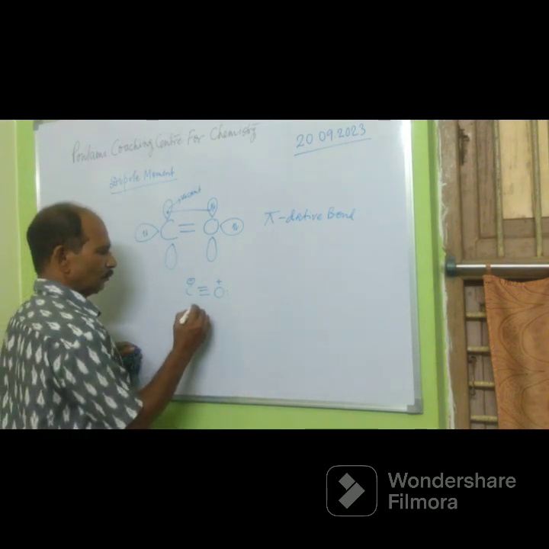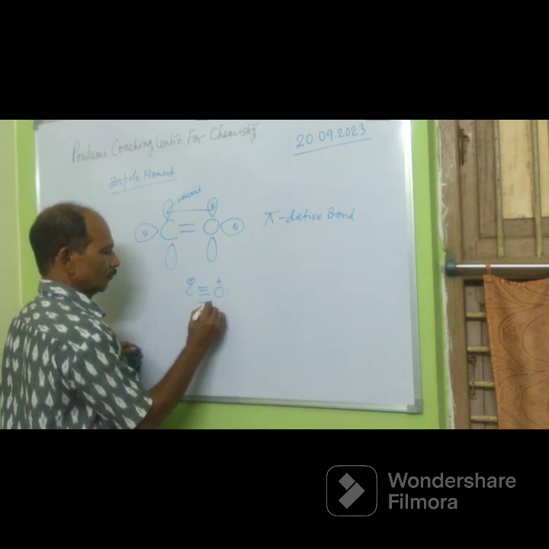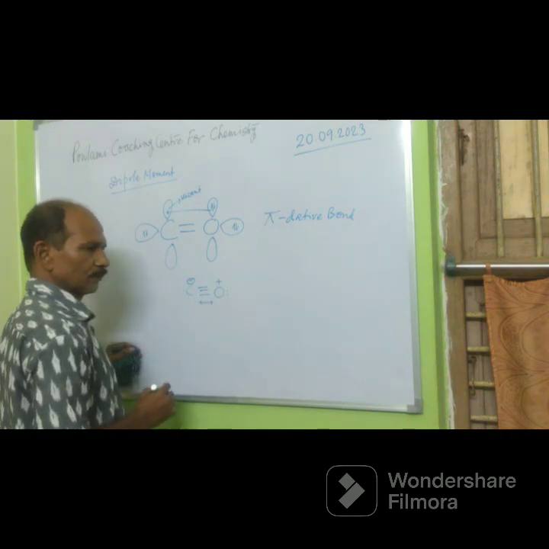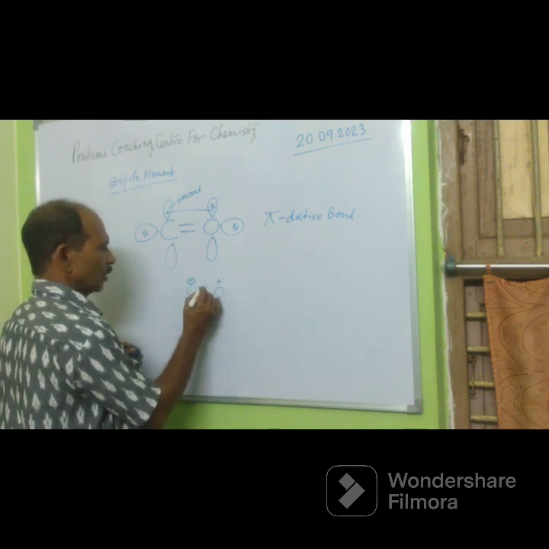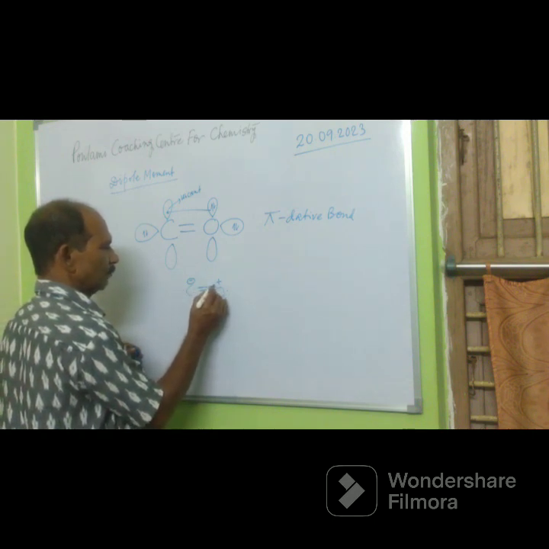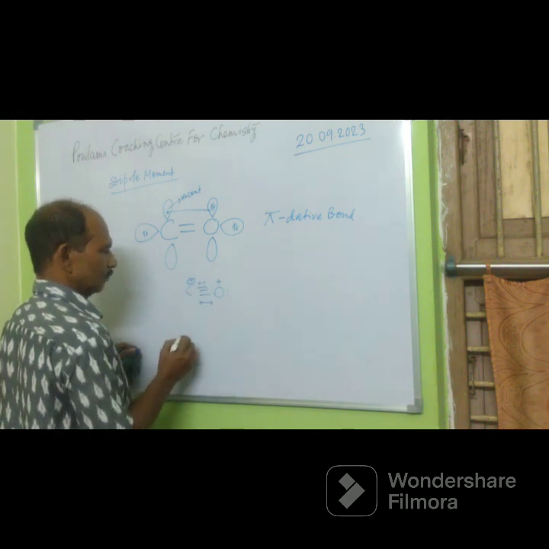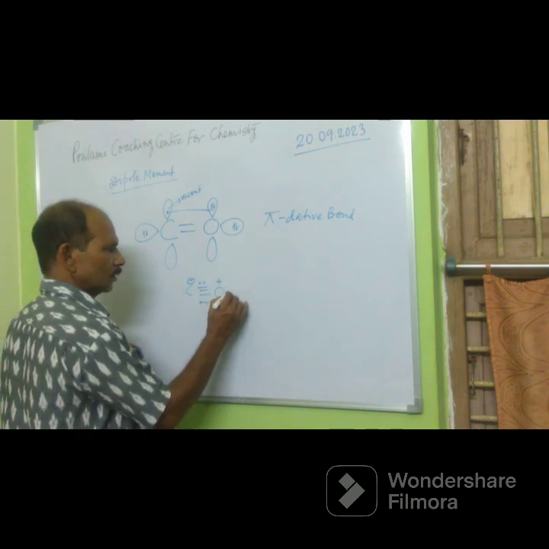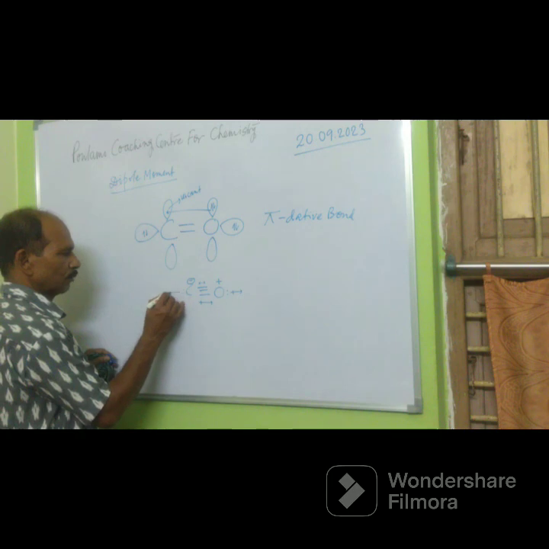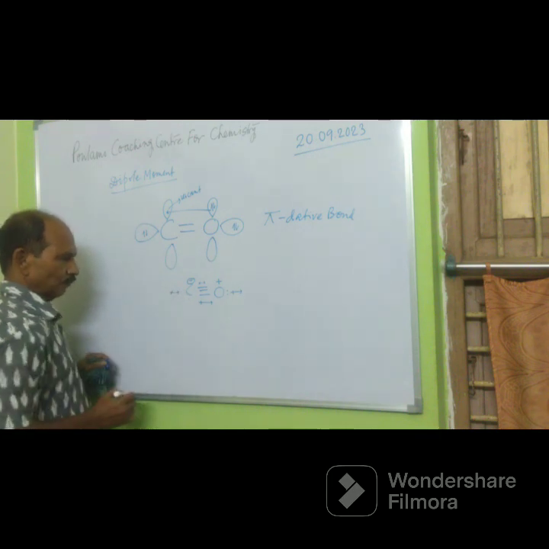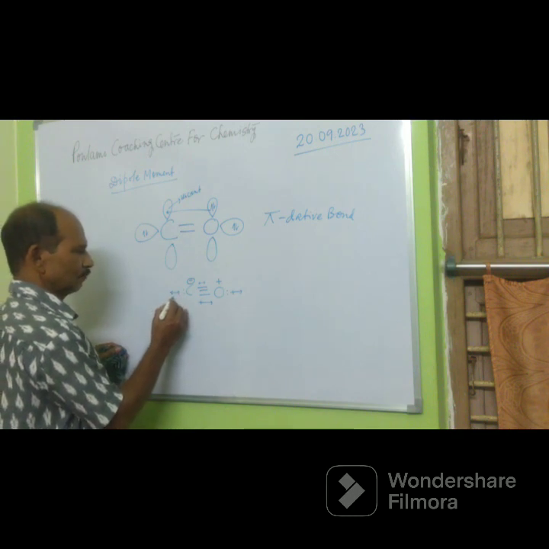The bond moment arises due to two bonds in this direction. But for the pi bond, that is back bonding, it acts in this direction. This is also directed towards this, and the moment due to this lone pair is directed towards this.